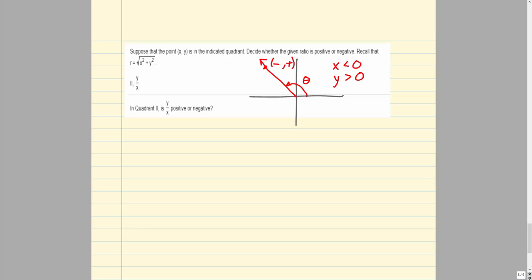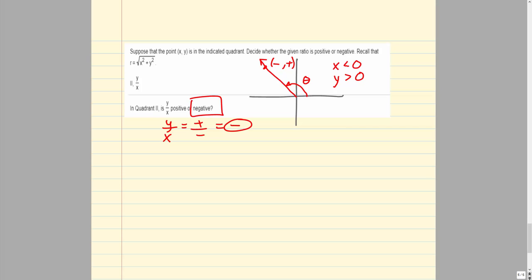So if I look at this ratio y over x, then we just said that y was positive and x was negative, and it's not necessarily -1, it's just negative. So that tells me that this overall ratio is negative. Okay, so I just need to draw the quadrant I'm in, and then once I know the quadrant I'm in, I can go ahead and pretty easily discern what that ratio will be.